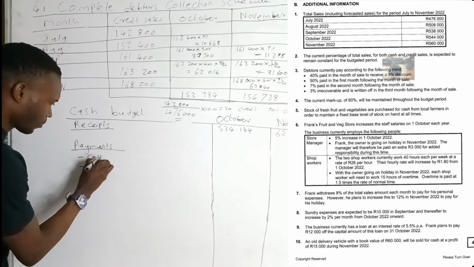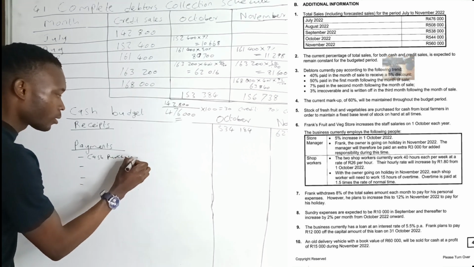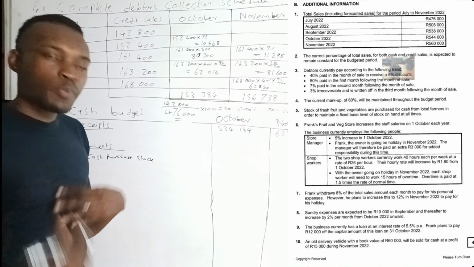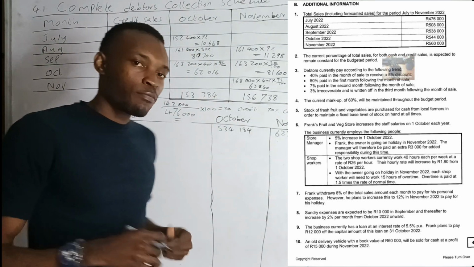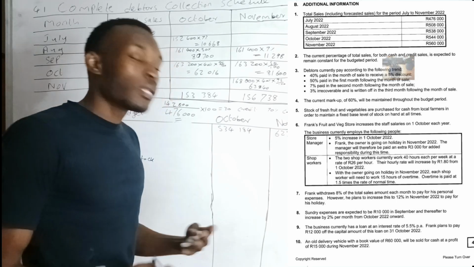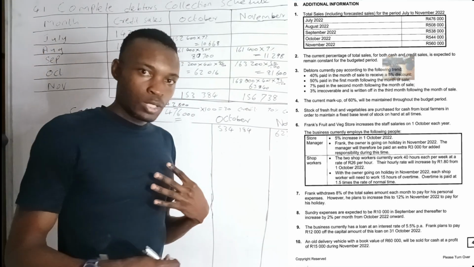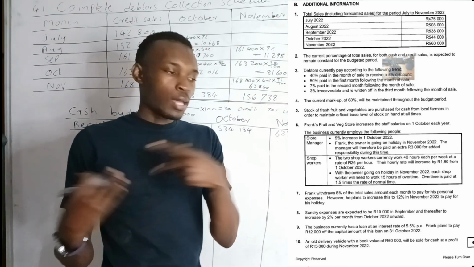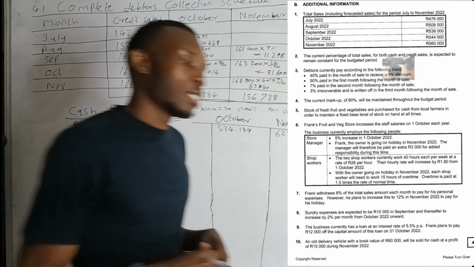Remember, we also have payment to creditors, but in this case we don't have payment to creditors because this business preferred to purchase stock in cash. So you have to make sure that you also go back and watch the other cash budget so that you will know how to record payment to creditors.